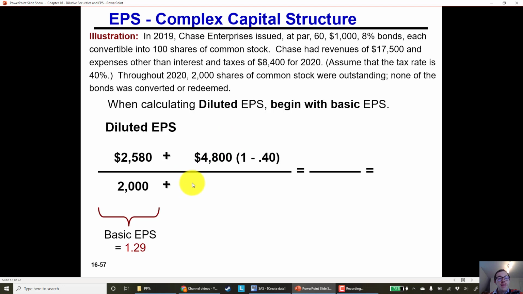And again, we're going to add 6,000 shares to the bottom. And I don't see any other dilutive securities, so that's going to be that. This is the new, accounting for these two things. Our diluted earnings per share, 68 cents per share. That's important information for shareholders, right? I mean, 129 is nice, but it's roughly a little over half of that when you account for it if these bondholders converted.